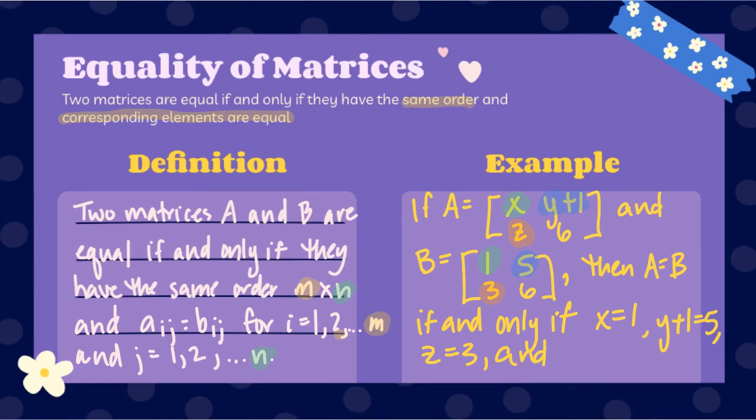And of course, we know that 6 equals 6, so we don't even have to list that one, because you can notice here that they are already equal. 6 and 6 are already the same.